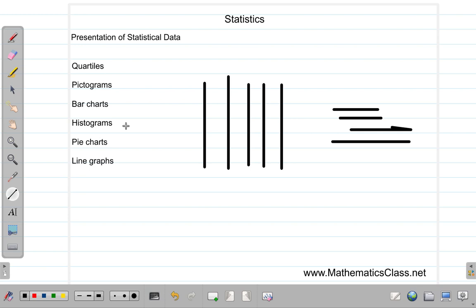Now, as I said before, when it comes to drawing these things, it's important that you are able to draw them by hand, and also using paper and ruler and draw them accurately, and also to calculate the angles in the pie chart and draw it accurately using a protractor, ruler and pencil on paper.